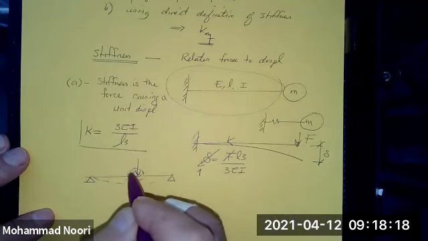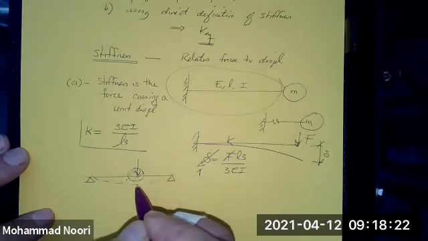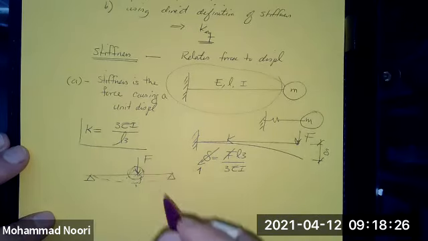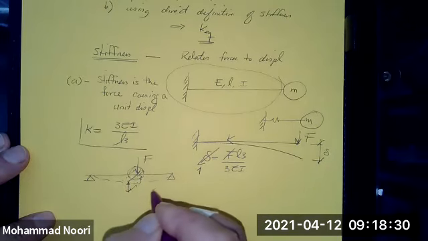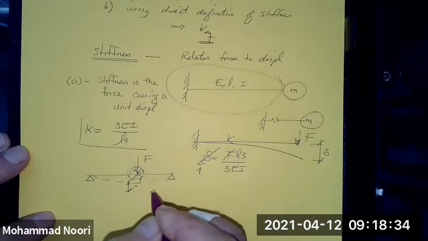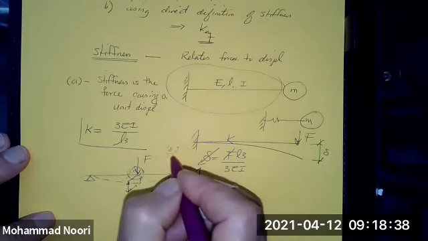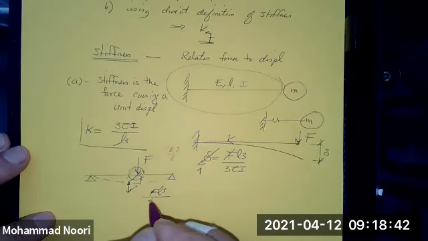What is resisting this motion here, as far as the stiffness of this beam goes, we know that if you apply a force F, this displacement delta is F L cubed over 48 EI.